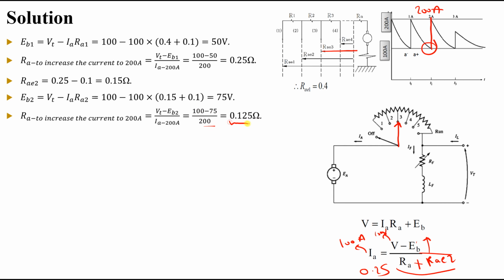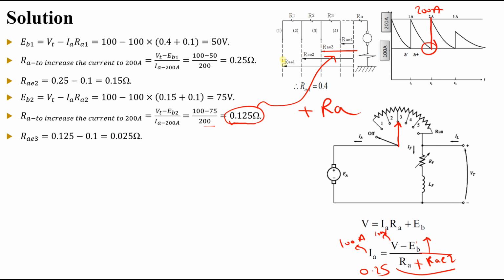Now remember, the new resistance is the variable resistance RE3 plus R armature. So in order to get only RE3, I will remove 0.1, which is the resistance of the armature. This gives us a step of 0.025 ohms.